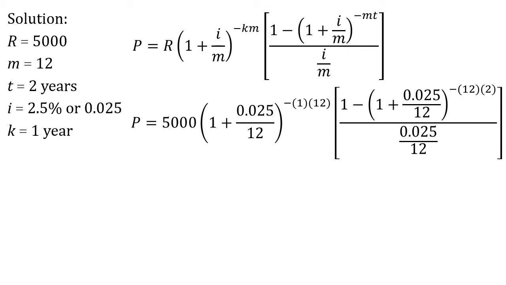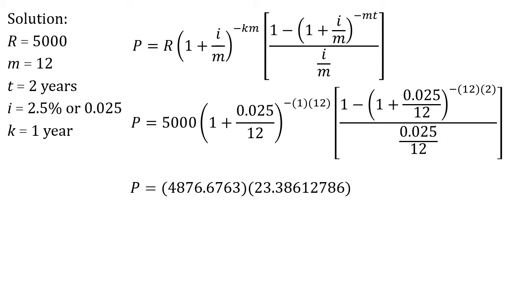So get the answer in the first part, those outside the bracket. 5,000 times 1 plus 0.025 over 12 raised to negative 1 times 12. So you'll get 4,876.6763 approximately. Okay?